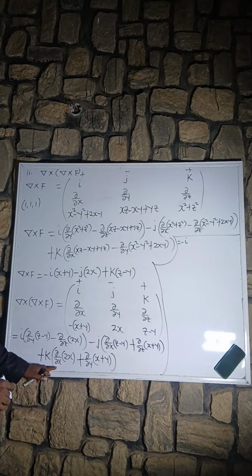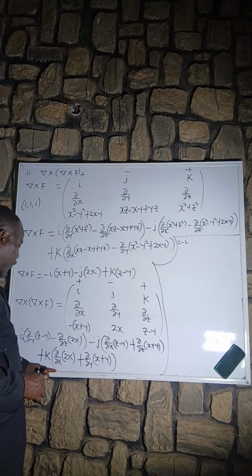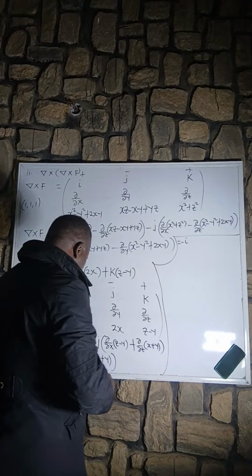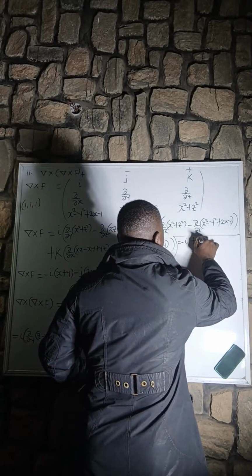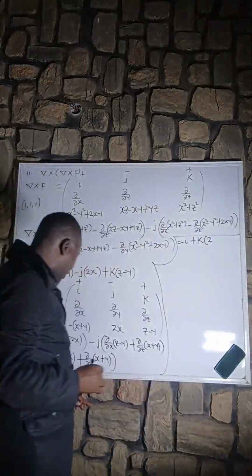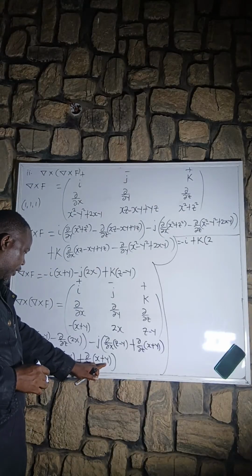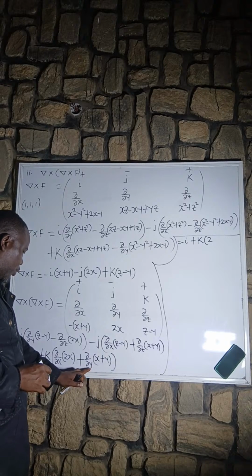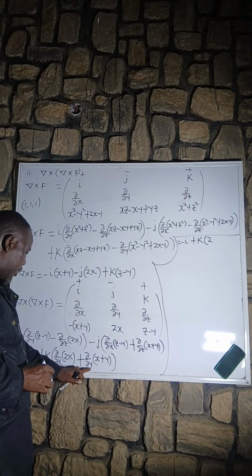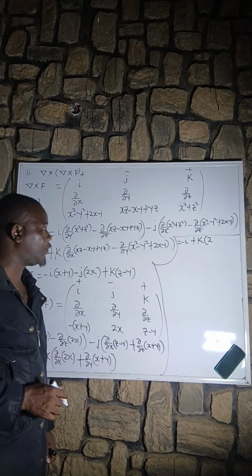Then here, differentiate the k component. Differentiate this with respect to x. Look at it. If we differentiate 2x, we are going to have 2, true or false? Then plus k, open bracket 2. Then here, if you differentiate this with respect to y, you are going to have 1, true or false?